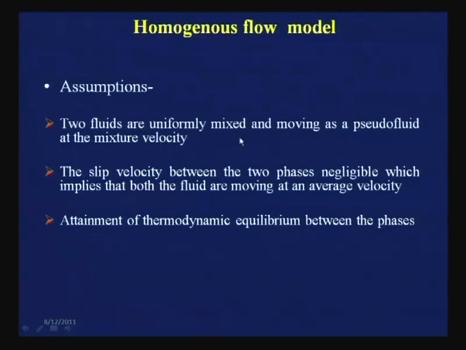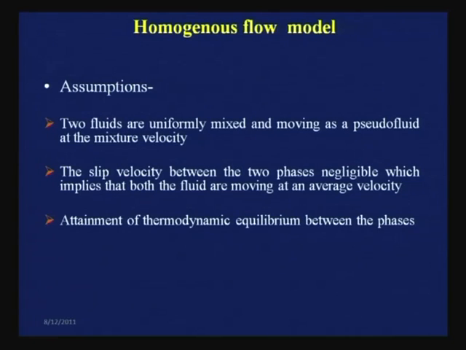What are the basic assumptions of this particular model? Naturally, two fluids are uniformly mixed and they are moving as a pseudo fluid at the mixture velocity. This automatically implies that the slip velocity between the two phases is negligible, in other words the two fluids are moving at the same average velocity. So what does it imply?